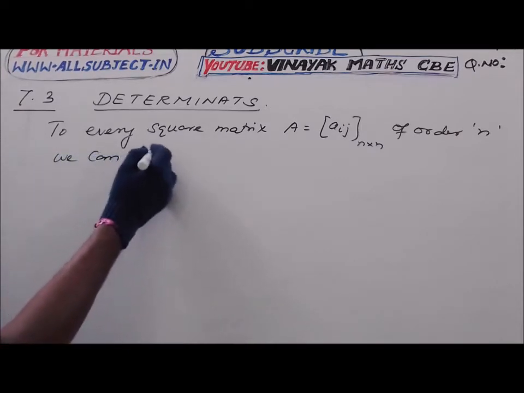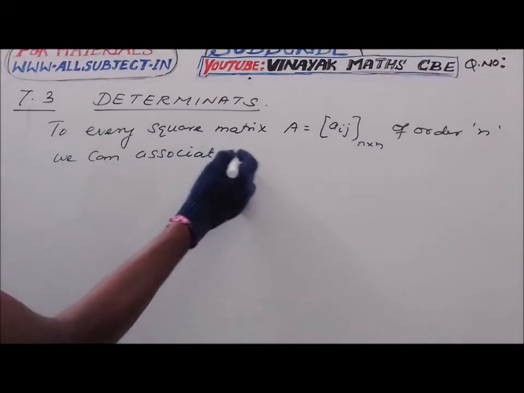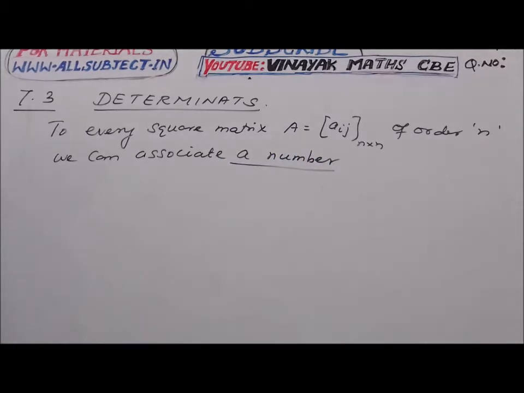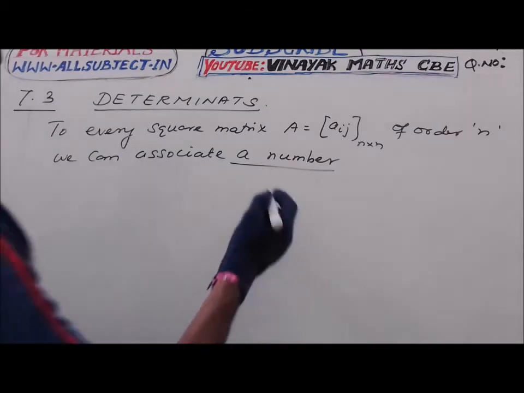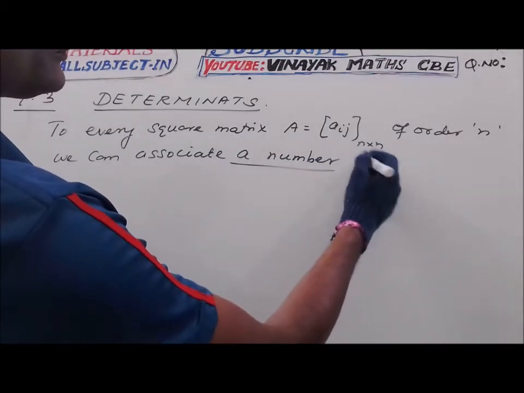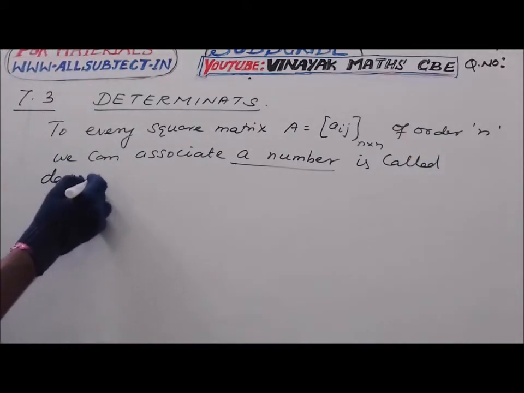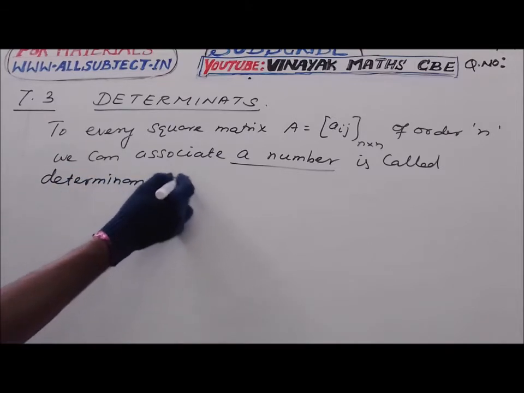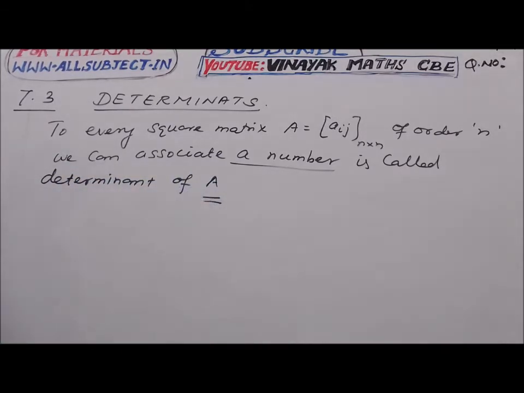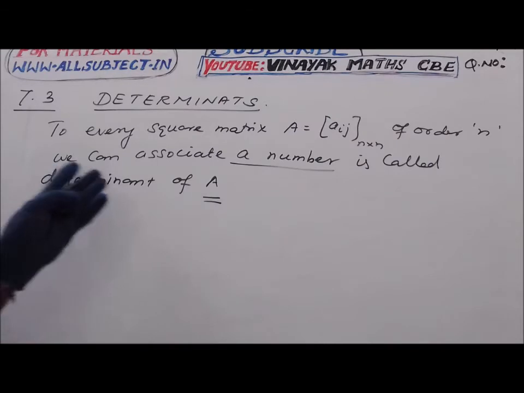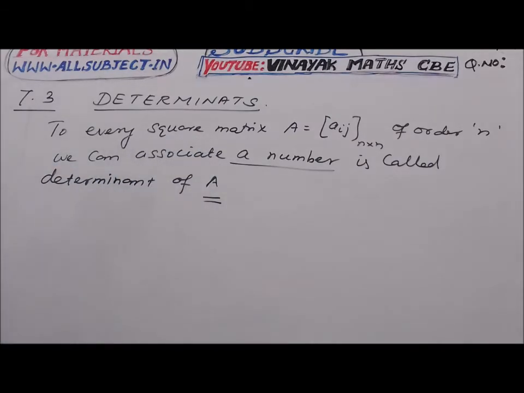That associated number is called the determinant of A. This means for every square matrix, we can associate a number. That number is known as the determinant value of A, determinant of A. A number called the determinant of the matrix A.